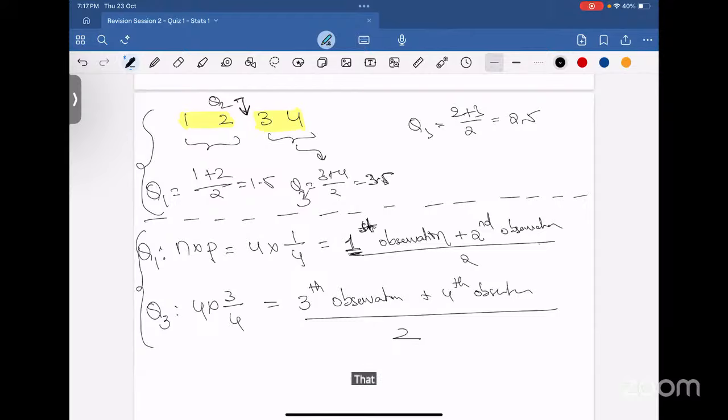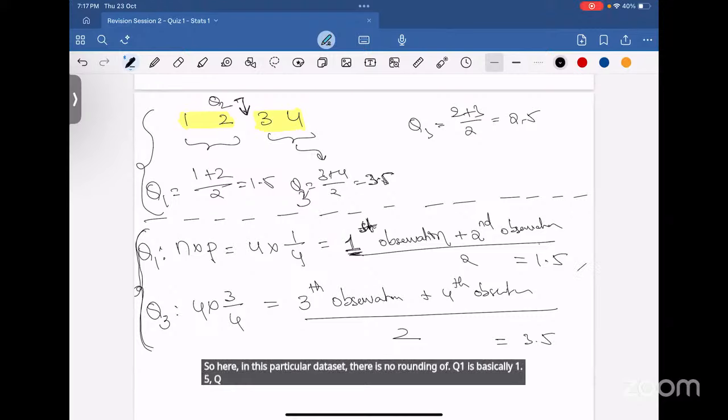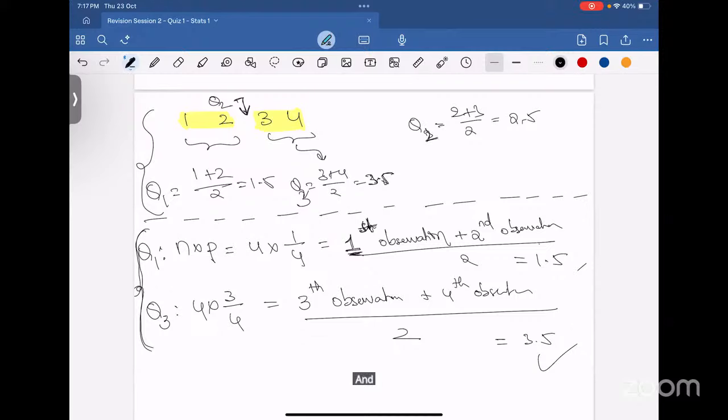That will give you Q1. So here it is 1.5, and here it is 3.5. In this particular dataset there is no rounding off. Q1 is 1.5, Q3 is 3.5, and Q2 is 2.5. These are exactly Q1, Q2, Q3.